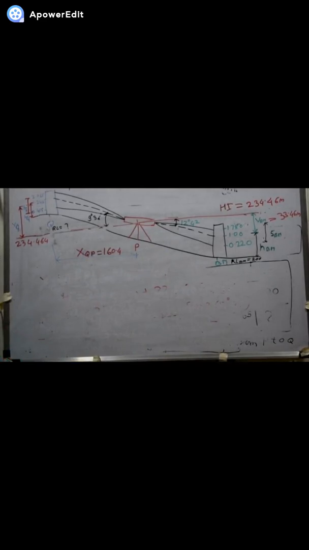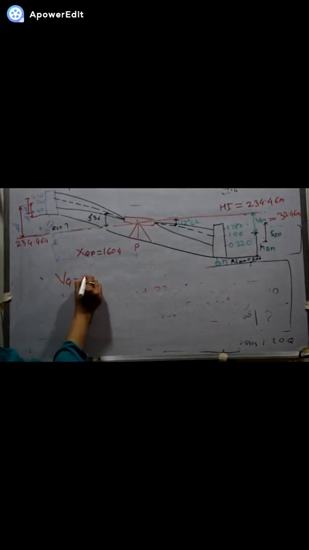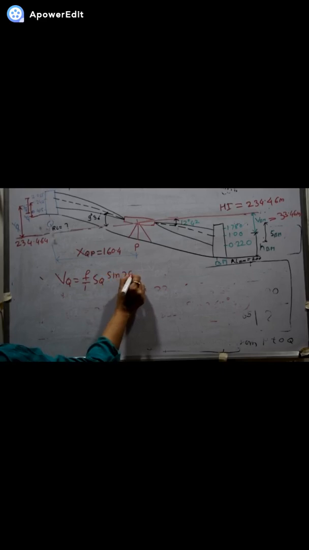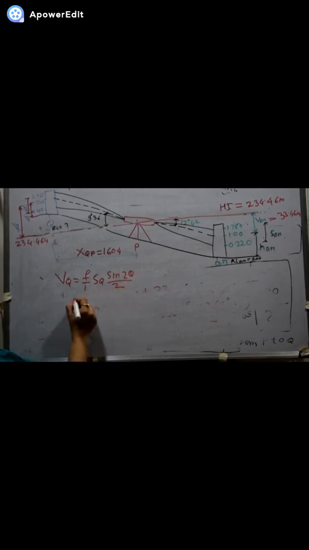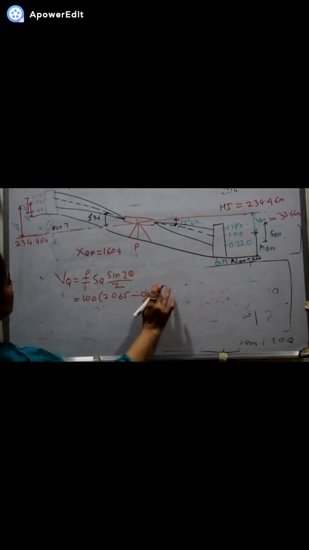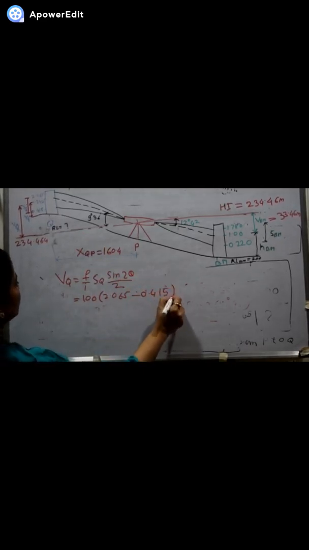The formula used to calculate the vertical distance at Q is f by i, staff intercept at Q, sine 2 theta by 2. f by i is taken as 100, S is 2.065 minus 0.415.